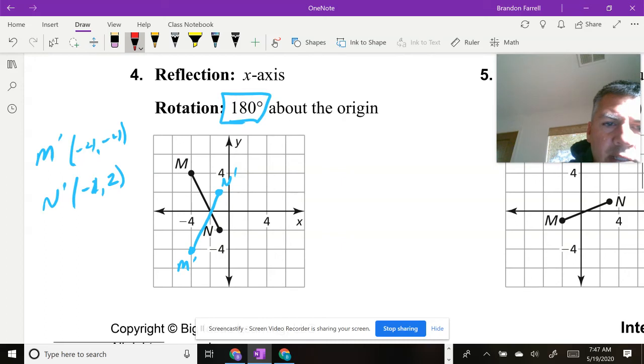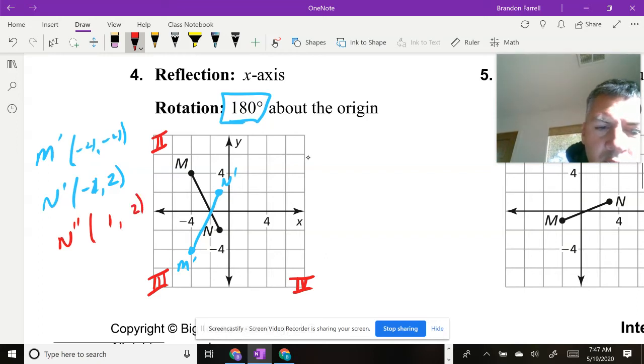So now these guys, this is quadrant 2, quadrant 3. Quadrant 2 goes to quadrant 4. That's 2 switches. So 2 switches for n gets you back to n double prime of 1, 2. But since we're in quadrant 4, it's going to be a positive x with a negative y. So we rotate, that's going to be 1, negative 2. So that n double prime is going to be right there.